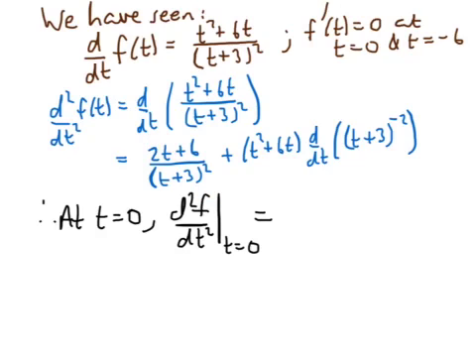So I'm going to have 6 over 0 plus 3 all squared is 9. And this is positive, it is greater than 0. So therefore, at t equals 0, we have the function's first derivative vanishing, and its second derivative is positive. So this, therefore, corresponds to a minimum.